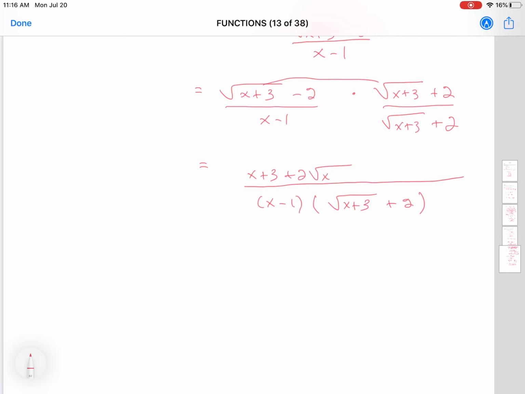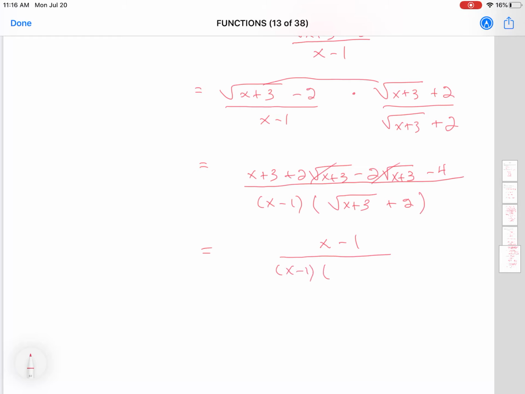Root of x plus 3 times root of x plus 3, that is x plus 3. Plus 2 times the root, minus 2 times the root, the usual thing, the middle terms cancel out, and minus 2 times plus 2 is minus 4. So this is gone. What am I left with here? What's plus 3 minus 4?